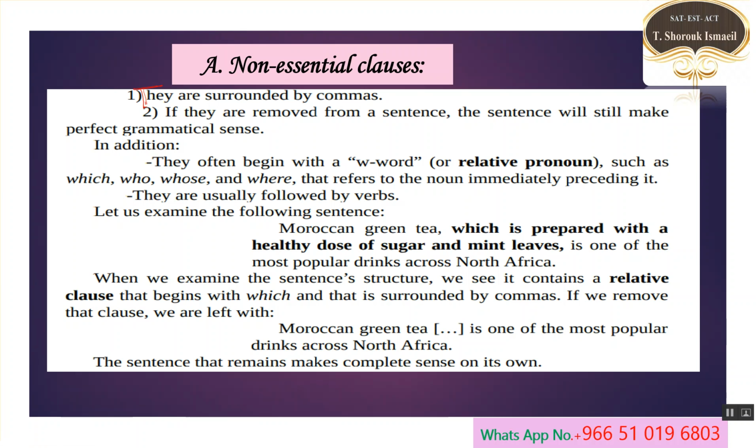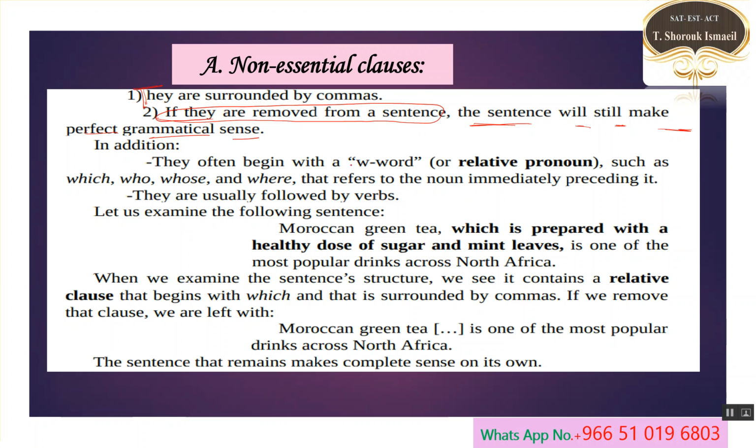That's what makes it easy to identify. And the most important thing is that if they are removed from a sentence, if we drop them, the sentence will still make perfect grammatical sense. So it's going to be correct. It's not going to be wrong.